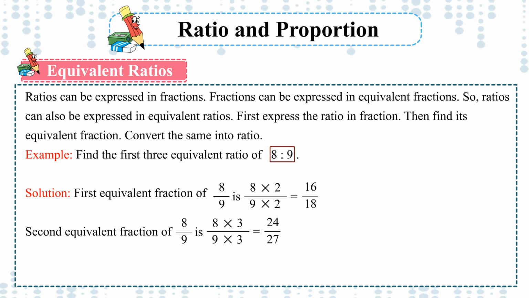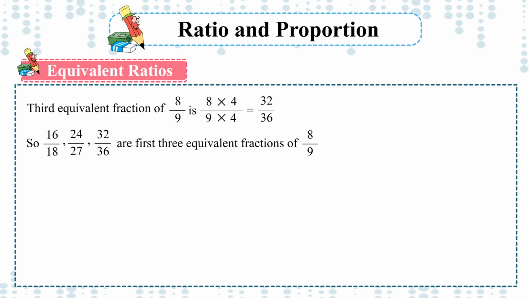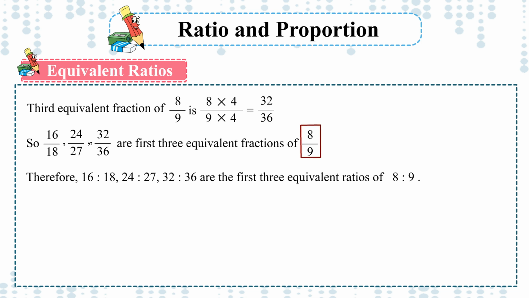24 upon 27. Third equivalent fraction of 8 upon 9 is 8 multiplied by 4 upon 9 multiplied by 4 is equal to 32 upon 36. So 16 upon 18, 24 upon 27, 32 upon 36 are the first 3 equivalent fractions of 8 upon 9.